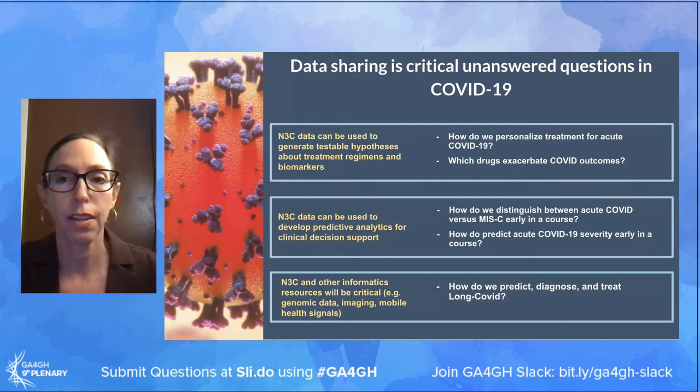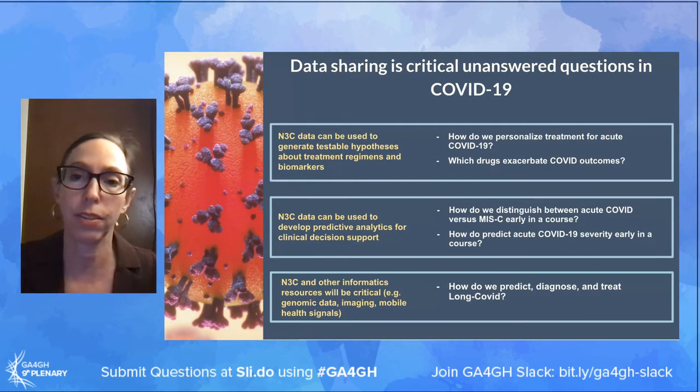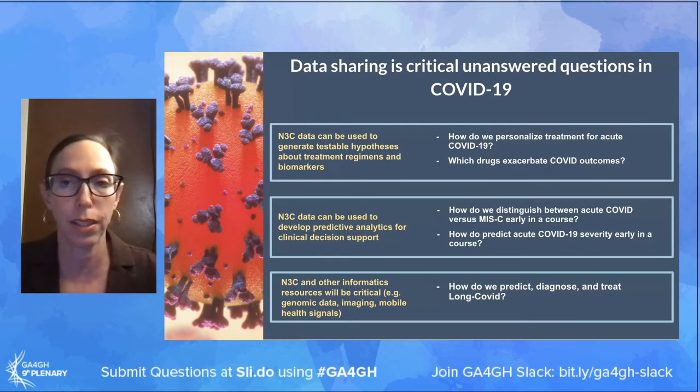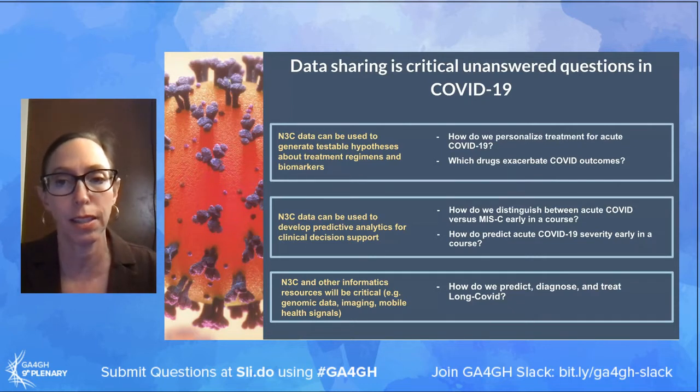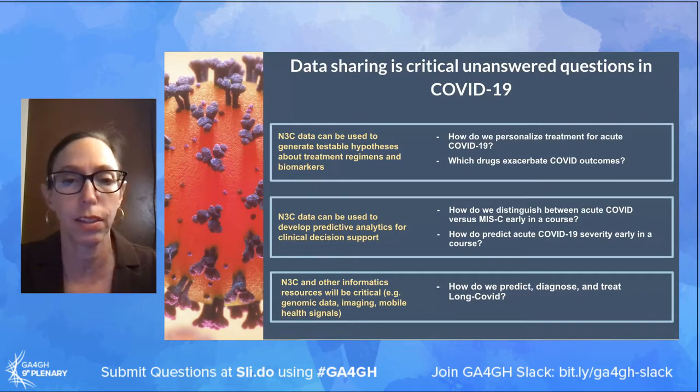What are the comorbidities? How do we personalize treatment? Which drugs exacerbate COVID outcomes? Which drugs ameliorate them? How do we distinguish between acute COVID versus MIS-C in pediatric cases? How can we predict acute COVID severity early in the course? And more recently, how do we predict, diagnose, and treat long COVID?